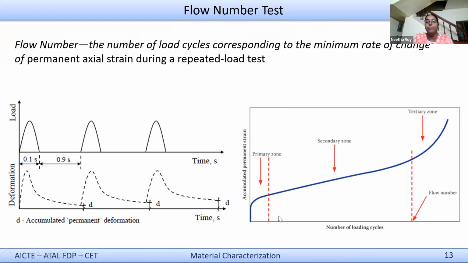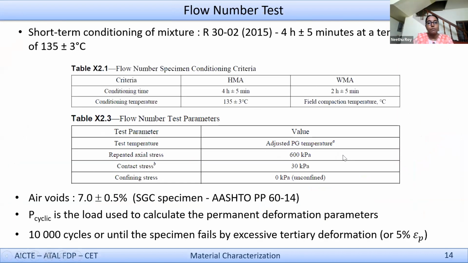This also is expected to show a 3-stage creep response, wherein you will have a primary zone, then a secondary zone, which is more or less stationary, a steady state, and then it goes to the tertiary zone. When the tertiary zone starts, that number of cycles corresponds to the flow number. I hope everyone is clear about this.